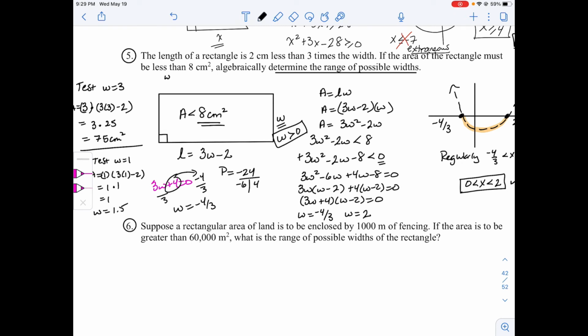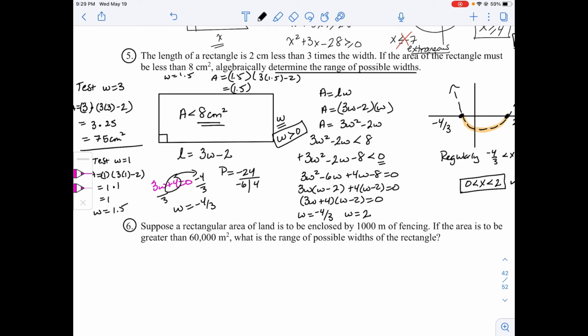If we let the width be 1.5, then our area would be 1.5 times 3 times 1.5 minus 2. 3 times 1.5, that's 4.5.